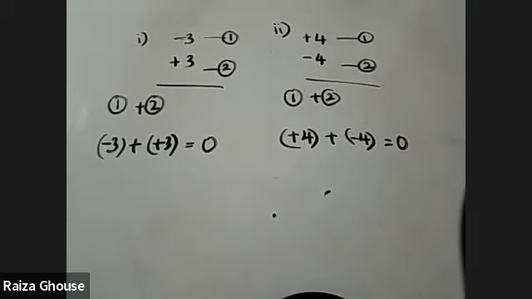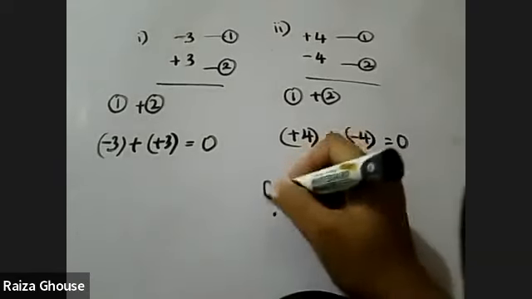Write down. When you get the same coefficients, if you want the spelling for coefficients, it's on the board.